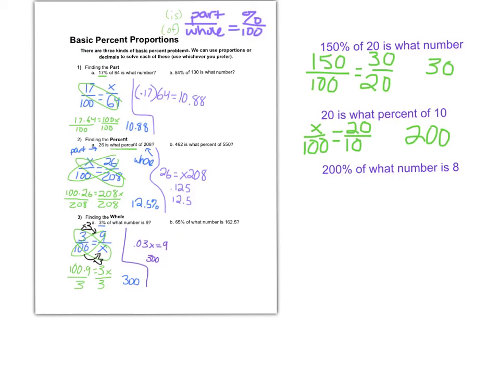And finally, we have 200% of what number is 8. So again, we have 200 over 100. We don't know the whole number, but we know that 8 is our part of our number. And when we solve this proportion, we actually get 4. So 200% of 4 is 8.